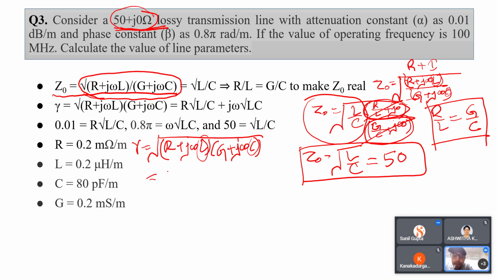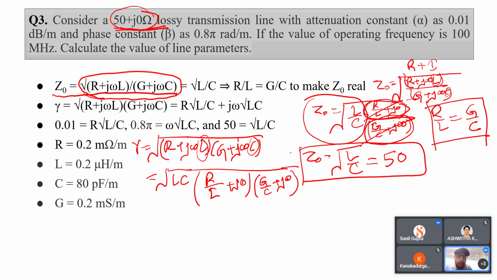So this will be root over LC into R by L plus j omega into G by C plus j omega. As we know that R by L is equal to G by C, you have to replace the value of G by C here. So this becomes R by L.